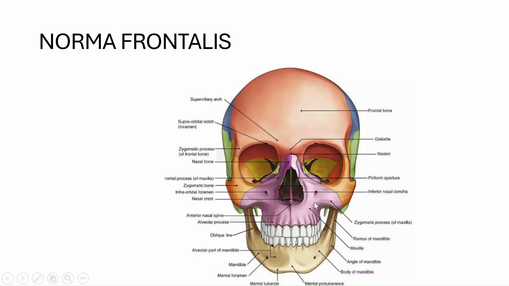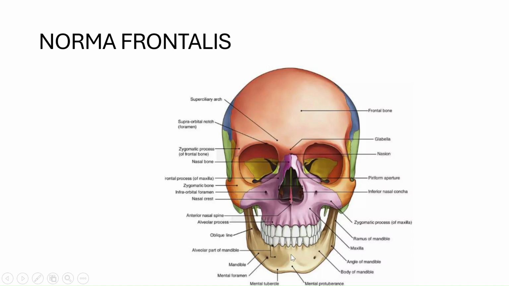We have seen the frontonasal suture, and the internasal suture also. The glabella is basically a median elevation above the nasion and between the superciliary arches. So this is the glabella. Nasion we have talked about. Anterior nasal spine we have talked about.